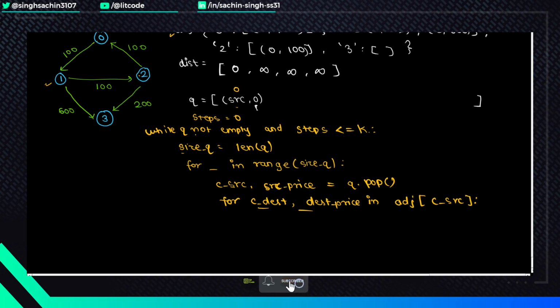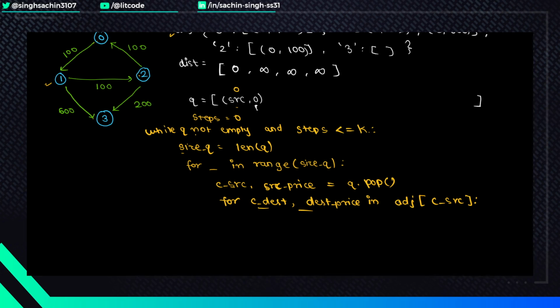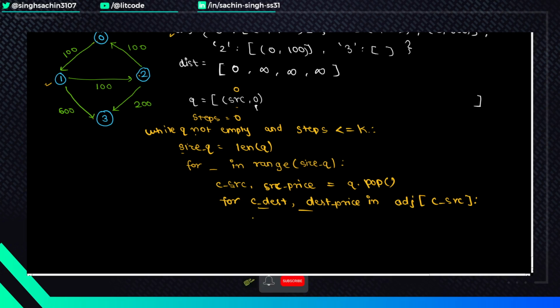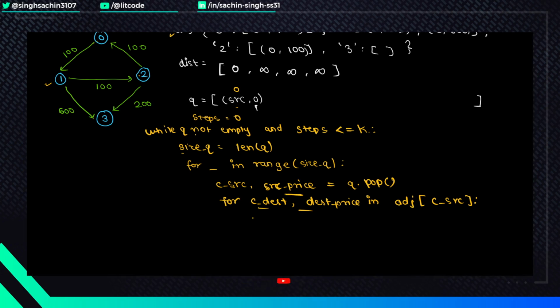Every time, what I do now, I will check if the price I have paid to reach a node plus the amount which I'll be paying to reach another node. For example, we reach 1 by paying 100. Next I want to reach 2 and I'll have to pay another 100.